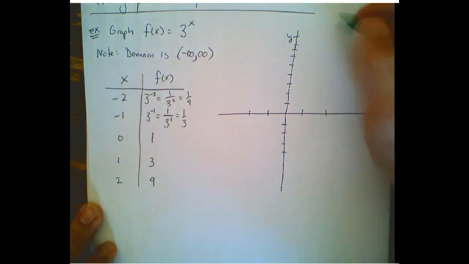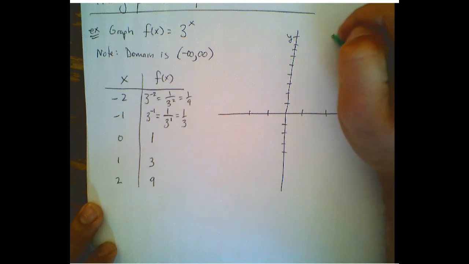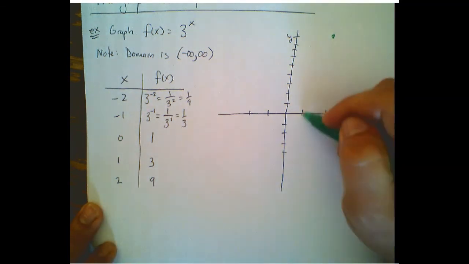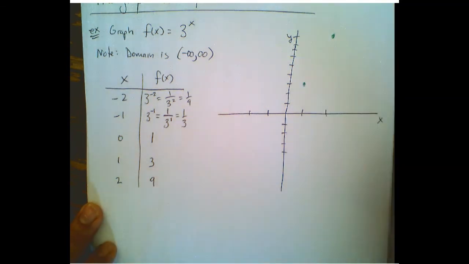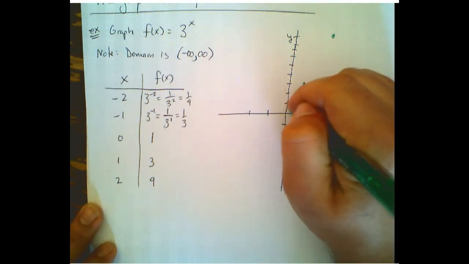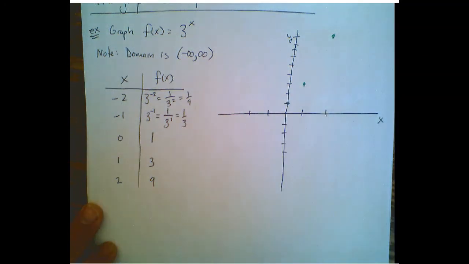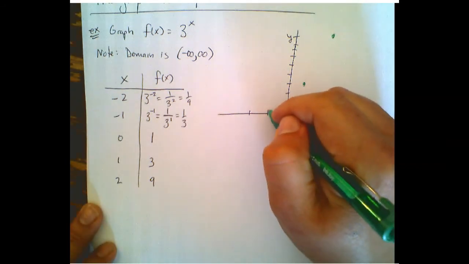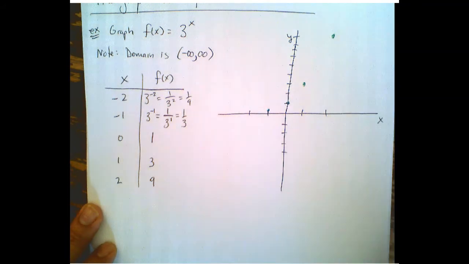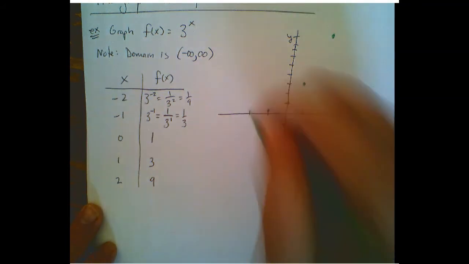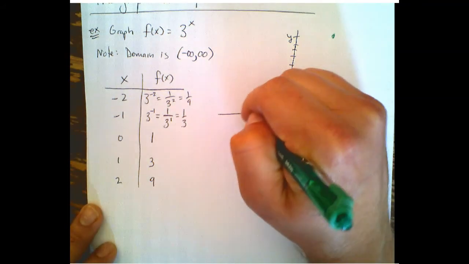So 2, 9, that's all the way up here. 1, 3, 0, 1. And -1 is 1/3, so right around there. And for -2, that's 1/9, so that's real close to the axis, a little lower.